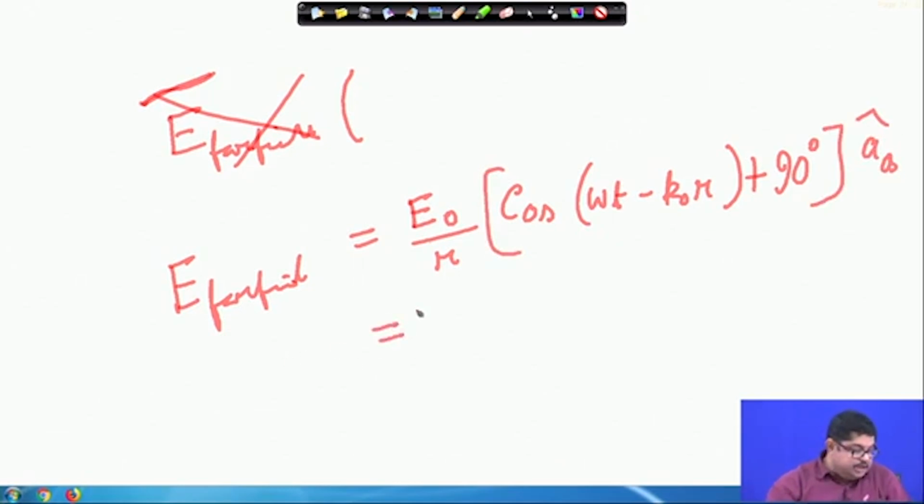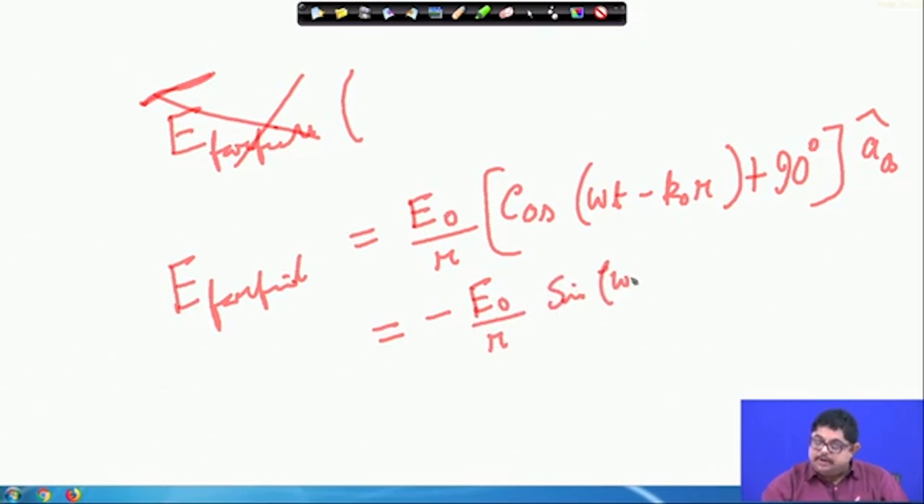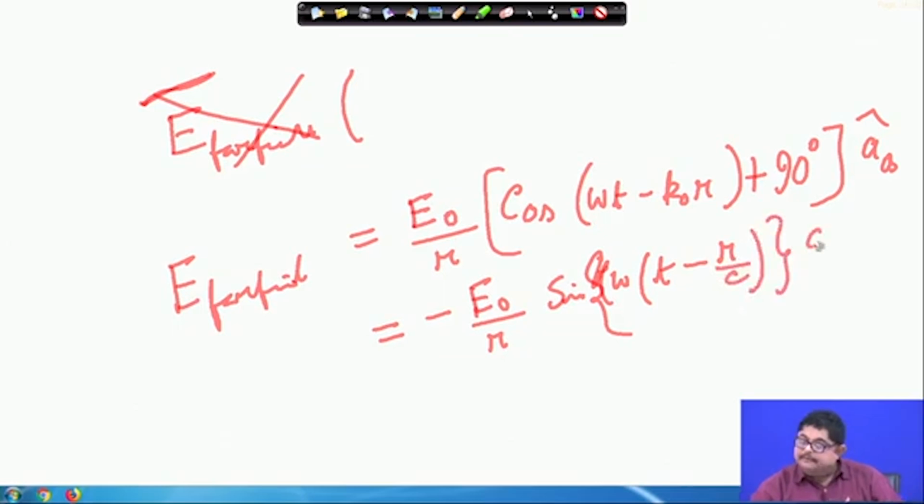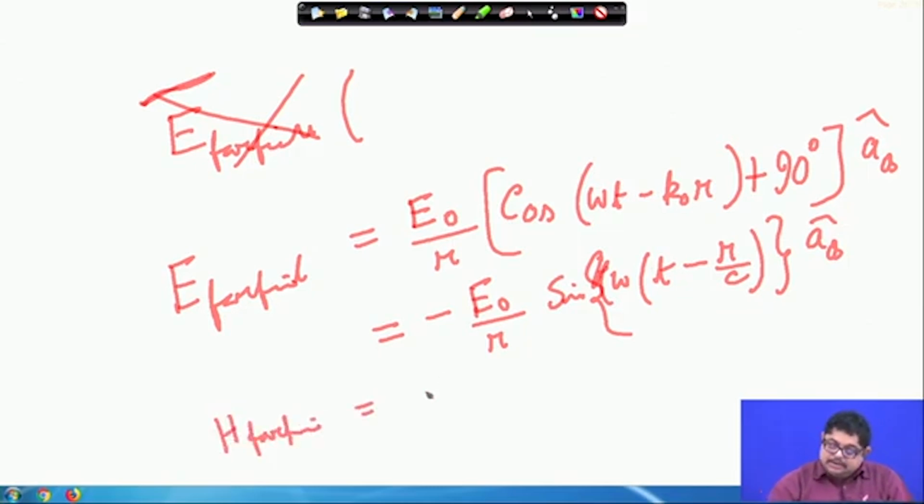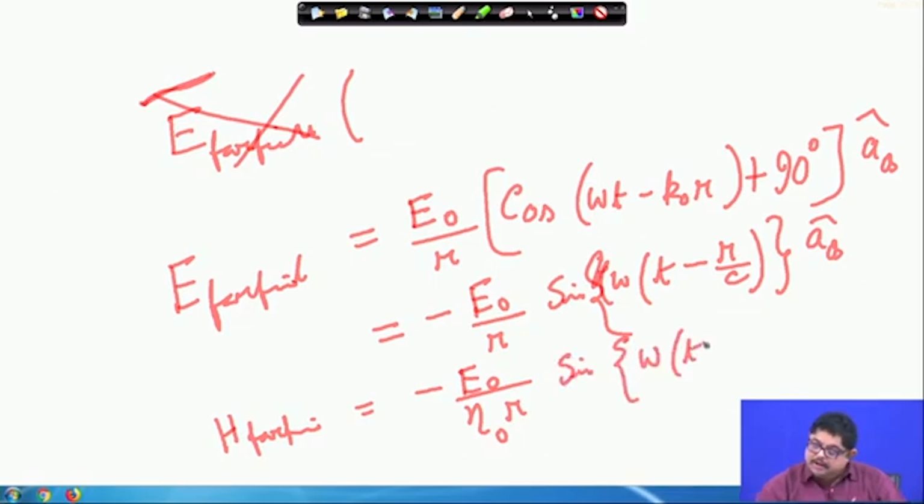So this can be written as minus E naught by r sin, putting in k naught's value, sin of omega t minus r by c, A theta, and H far field as minus E naught by eta naught r sin of omega t minus r by c, A r cross A theta.